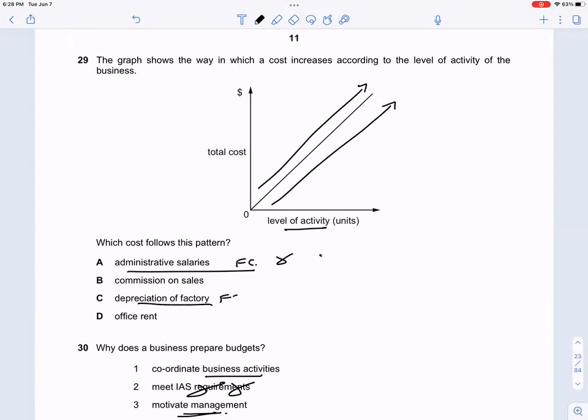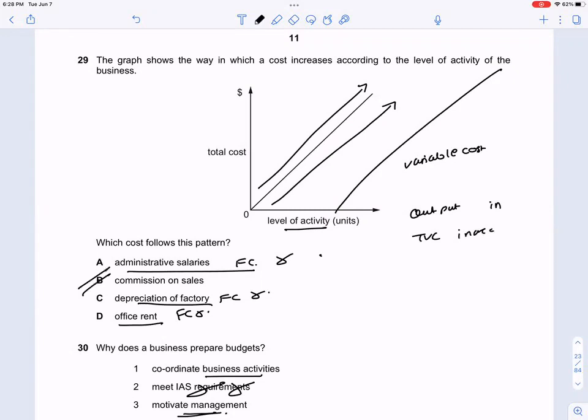Depreciation is also a fixed cost, not this pattern. Rent is also a fixed cost, not this pattern. So this pattern happens with variable costs. As the output increases, the total variable cost increases. So this pattern could be commission to sales. Are you with me? Yeah.